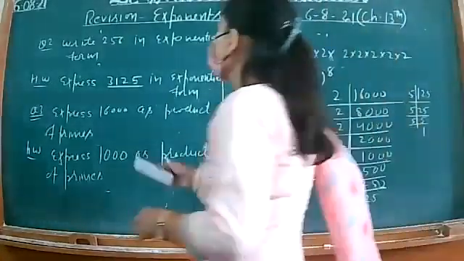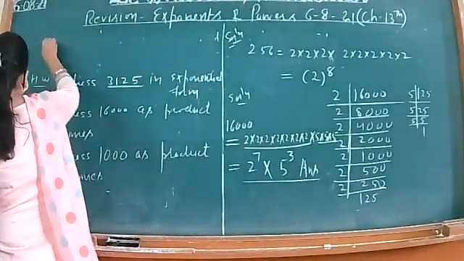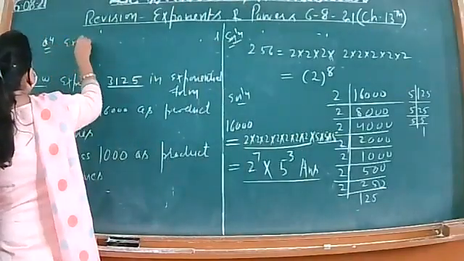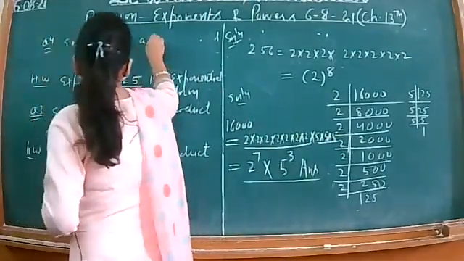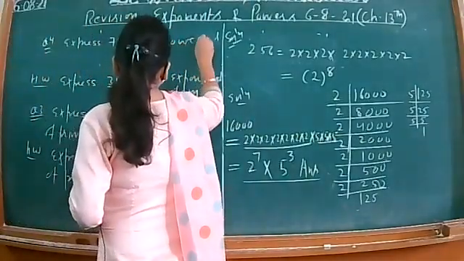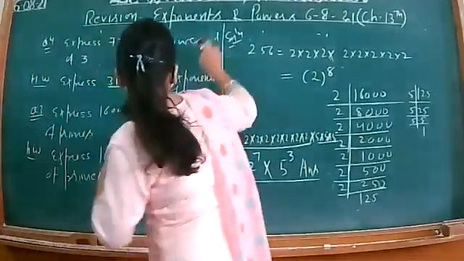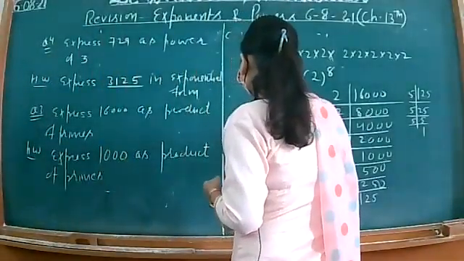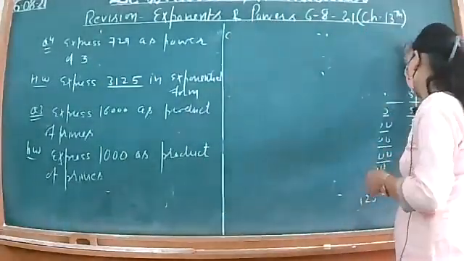Then let us do the next question. Express 729 as power of 3.